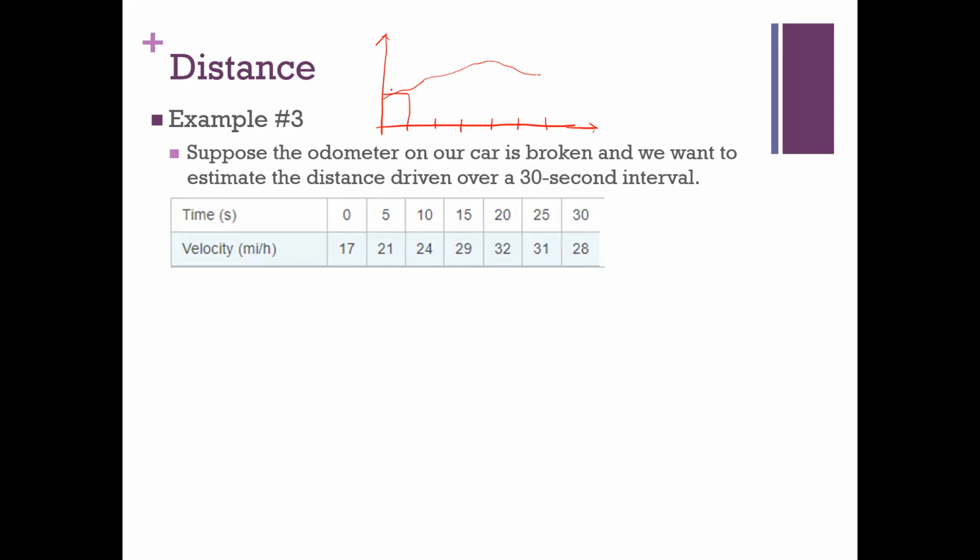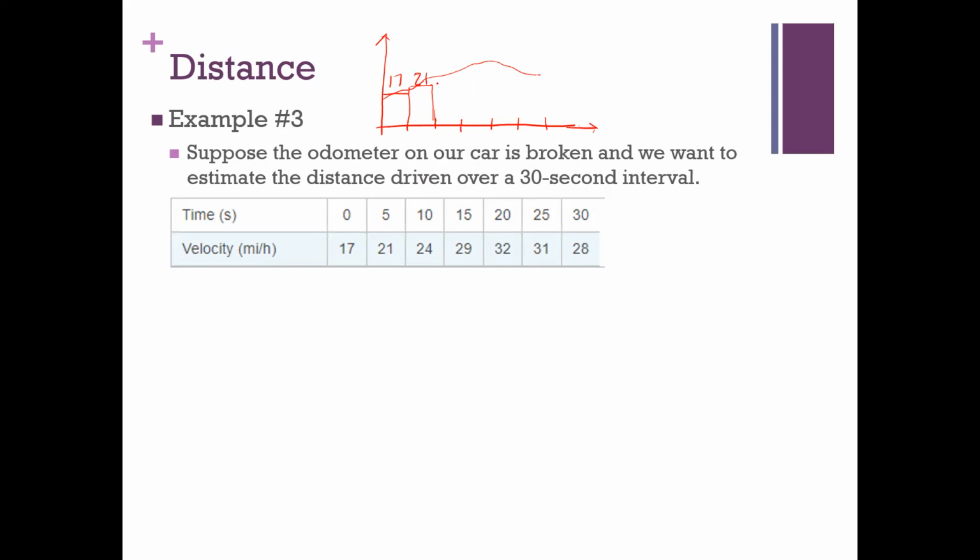All I know is that in this 5-second interval of the graph, I can think of this speed as 17 miles per hour. And this next interval is going to be 21. So I know that somewhere inside that little 5-second span I knew the speed, and I'm using that speed as my sample.